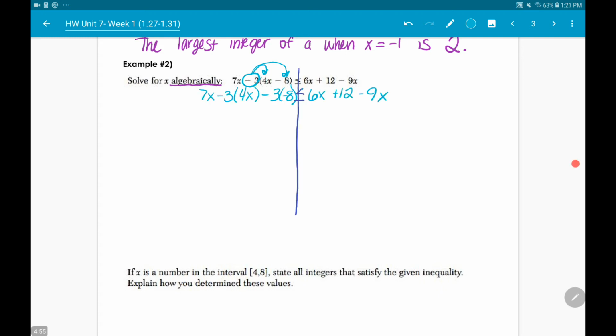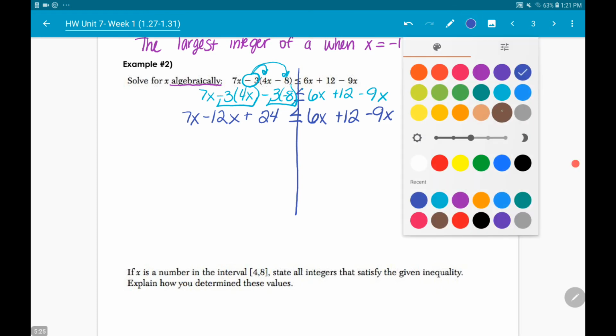Now we need to simplify. Negative 7 comes down with us. Negative 3 times 4x is negative 12x. Negative 3 times negative 8 is positive 24. Keep my inequality symbol and keep everything else.